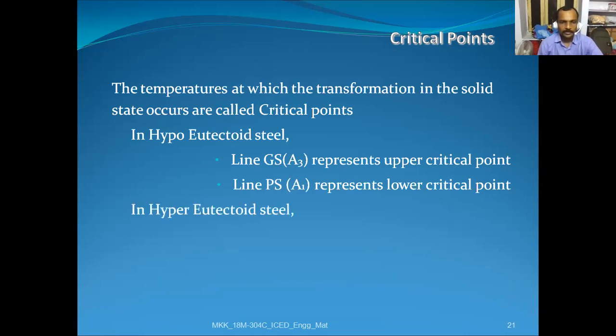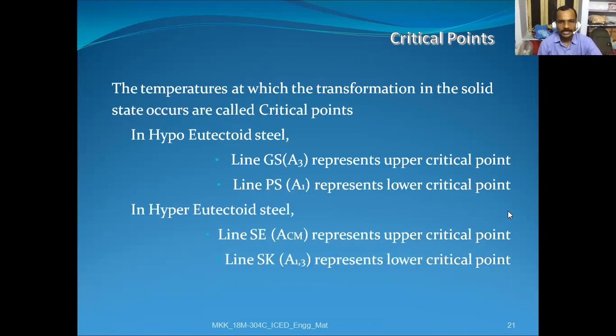In hypereutectoid steels, SE, Acm, represents the upper critical point, and the line SK, A1, represents the lower critical point.